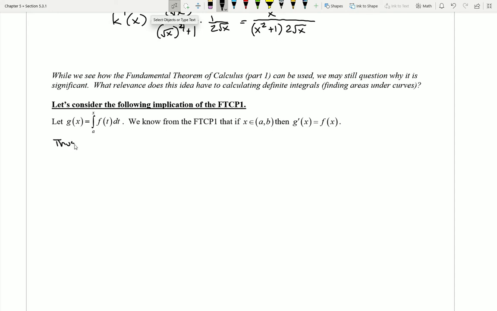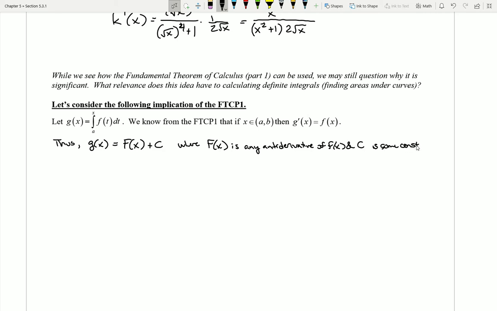So if the derivative of g is equal to little f, then I should be able to say that g could also be expressed as capital F of x, the antiderivative, plus c. So this is where capital F of x is any antiderivative of little f of x, and c is some constant.